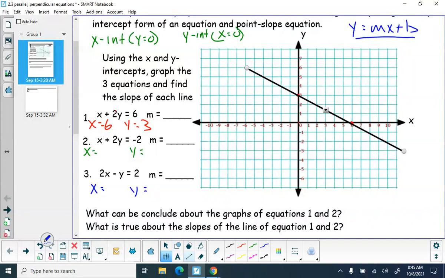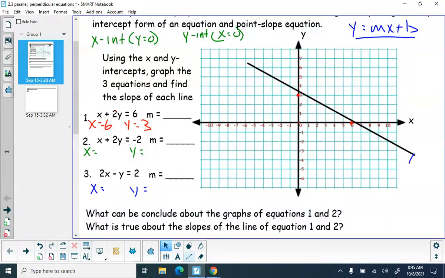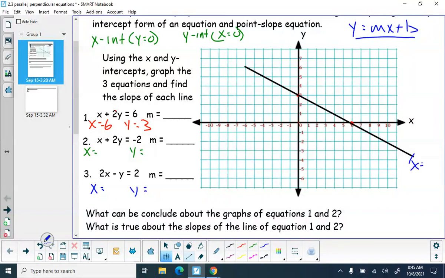This is the equation x plus 2y is equal to 6.